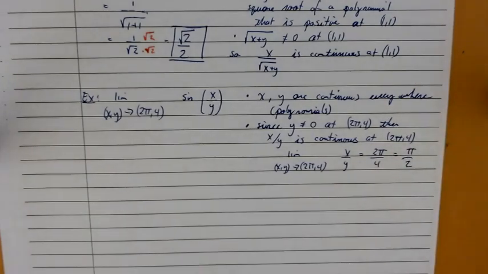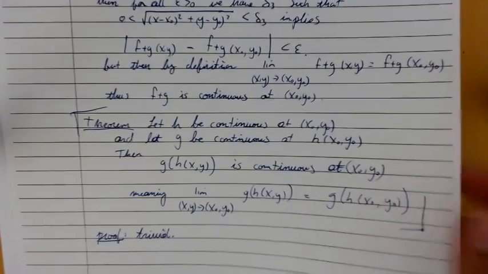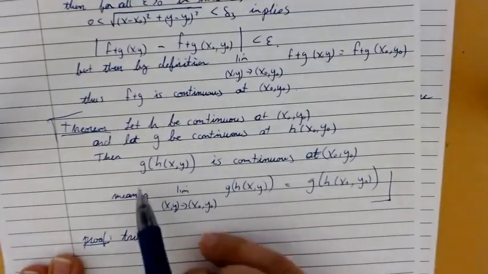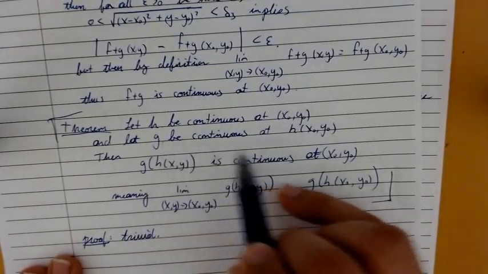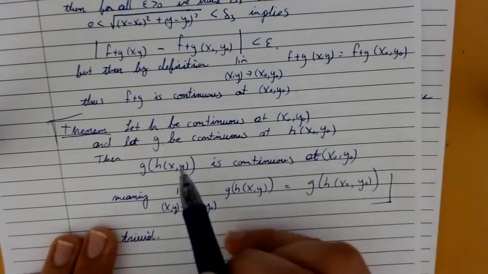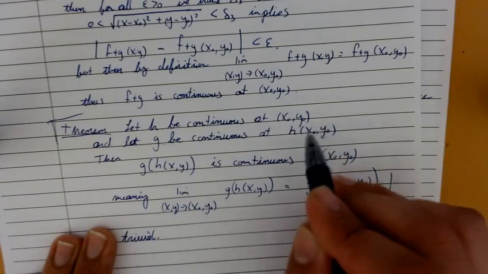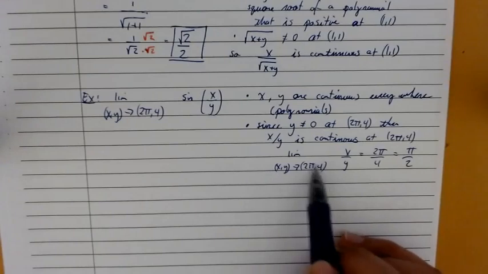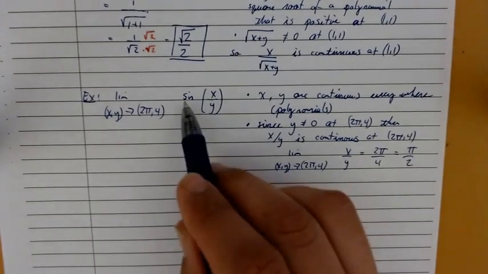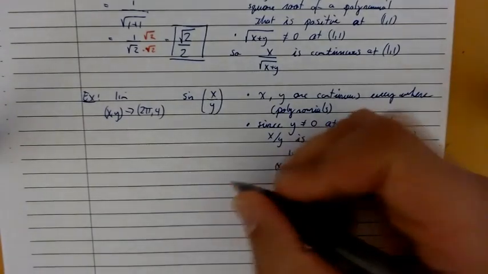But now, as we clearly see in our most recent theorem, as long as the outer function, in this case our sine, as long as the outer function g is continuous at h of x naught comma y naught. Okay, so we've plugged our point into the inner function and we got pi over 2. So now we need to check that the sine function is continuous at pi over 2.